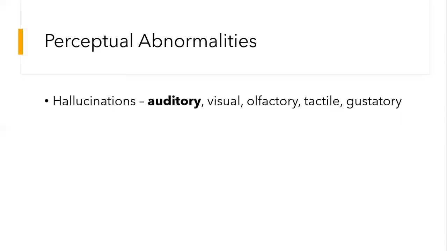So auditory being hearing voices, visions being visual hallucinations. Tactile is a touch type hallucination, so feeling like your skin is crawling is an example. That would always make me wonder if somebody is withdrawing from alcohol or drugs, if they're describing skin crawling or abnormal tactile hallucinations. Olfactory hallucinations are related to smell, and gustatory are to do with taste.